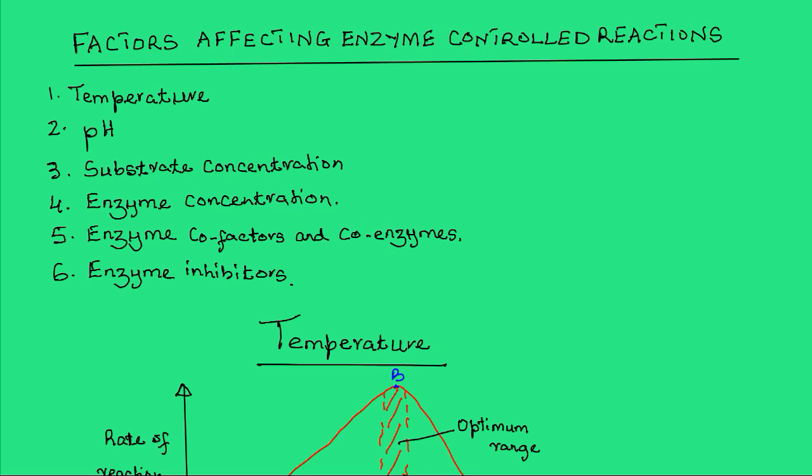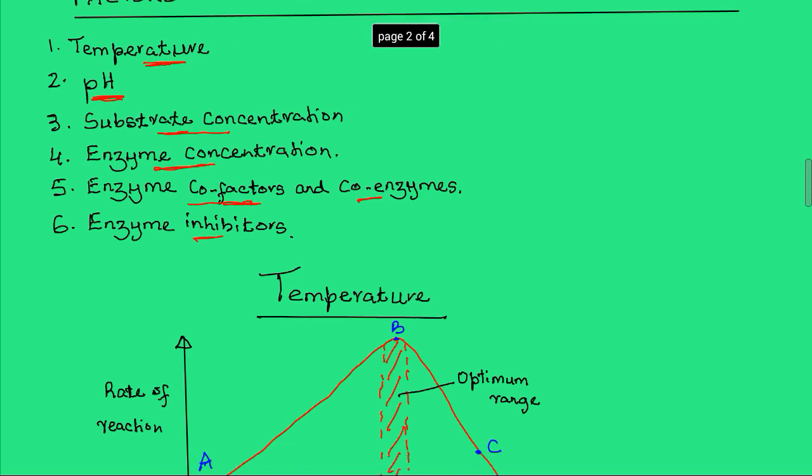These factors include: 1, temperature, the pH of the surroundings, substrate concentration, enzyme concentration, presence of enzyme cofactors and coenzymes, and also presence of enzyme inhibitors. We look at each one of them one by one, starting with temperature as a factor.